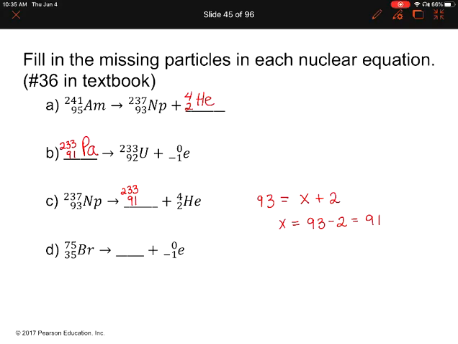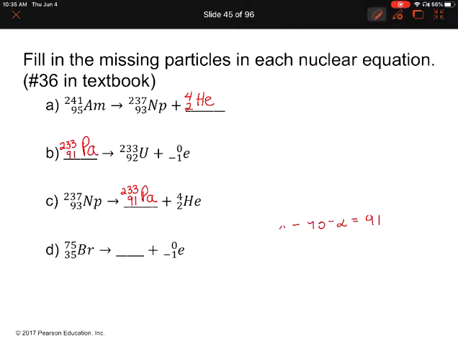It's protactinium. So that's kind of cool. Neptunium 237 can give us protactinium 233 through alpha decay. And then we can see that protactinium can go through beta decay to produce uranium 233. So that's pretty cool.